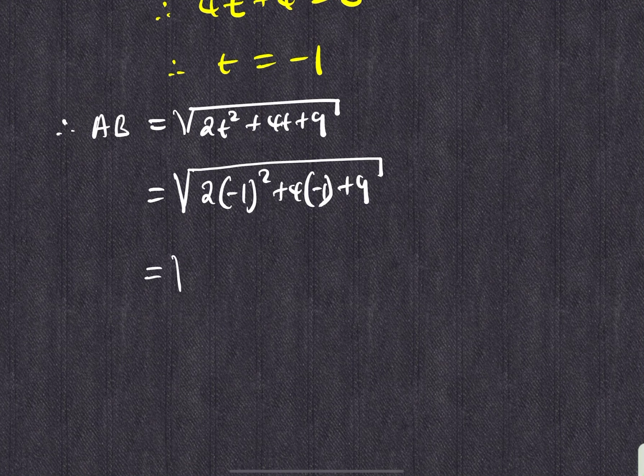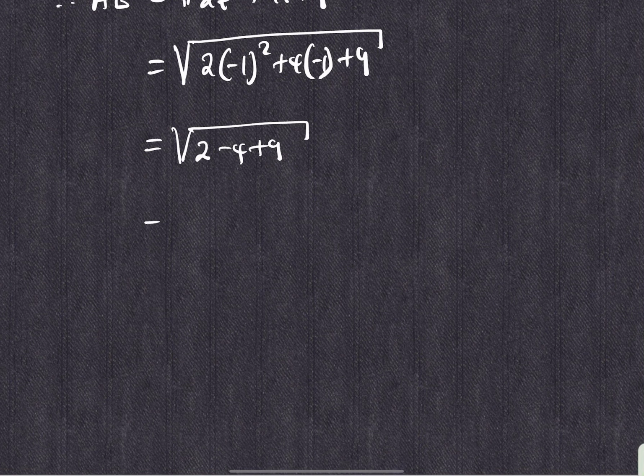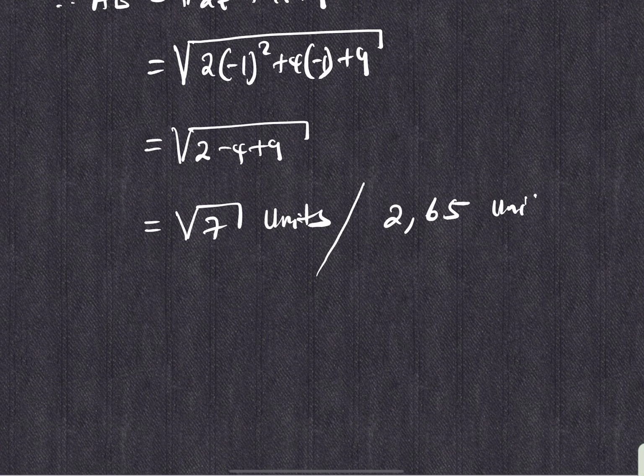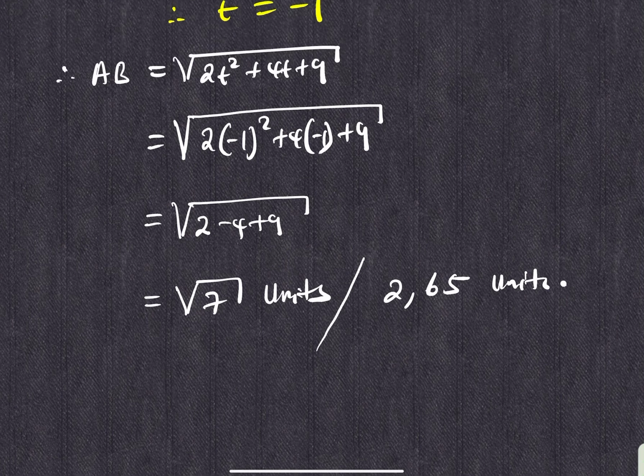This boils down to 2, minus 4, plus 9. So you're going to get -2 plus 9, which is 7. AB squared is primarily 7 units, so the distance is the square root of 7, or you can round it off to 2 decimal places to say that you're going to get 2,65 units.